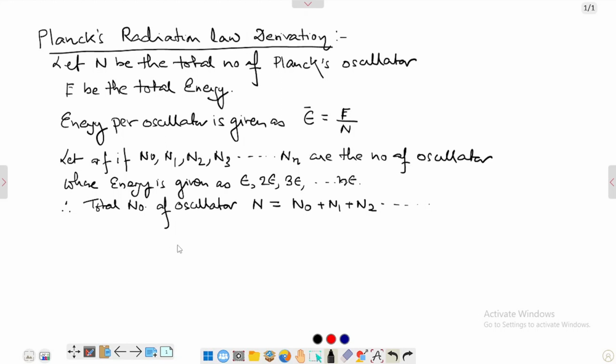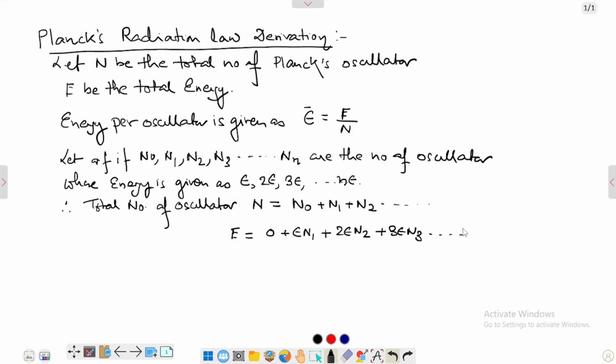Similarly, the energy E is given as 0, then epsilon N1, then 2 epsilon N2, then 3 epsilon N3.